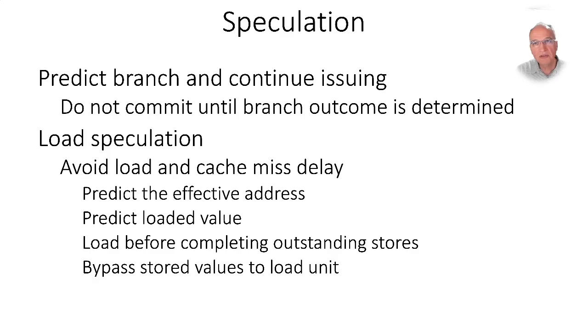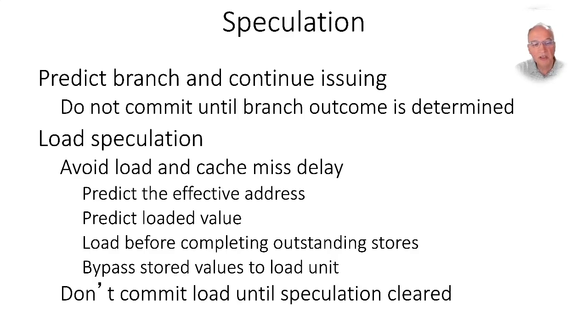In any one of those cases, when I'm speculating on a load, I use these techniques to improve the performance of the load instructions, but I can never commit the value to the register until I find that the load is no longer speculative. I find that the load has the correct address, that there was no store that wrote to the same location, etc. So that's the way I handle speculation.